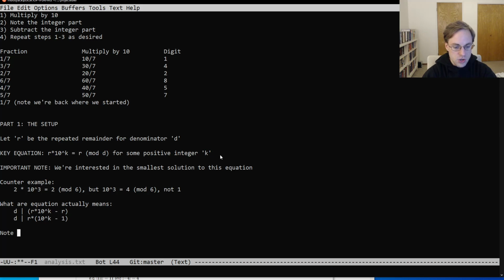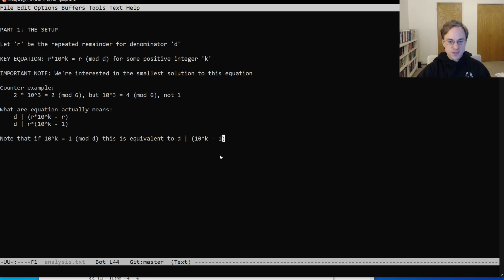We'll say, note that if 10 to the k is congruent to 1 mod d, this is equivalent to d divides 10 to the k minus 1.